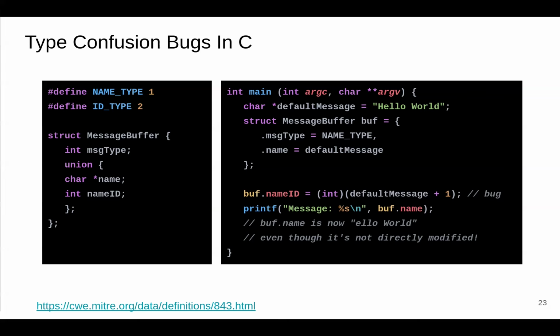So this assignment here overwrites, through this type violation or type confusion, the pointer to name. And the attacker nicely chose default message plus 1, so this existing pointer, and just incremented it by 1, which then results in ello world instead of hello world. I hope this clarifies that aspect a bit. If not, do ask more questions. Cool.